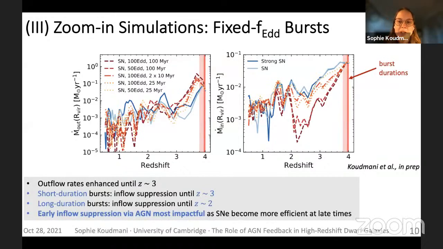And another interesting point to note is that this is especially impactful at high redshifts, because as we move to lower redshifts, supernova feedback itself becomes more efficient at suppressing cosmological inflows, so that the AGN can be especially impactful here in the high redshift regime.